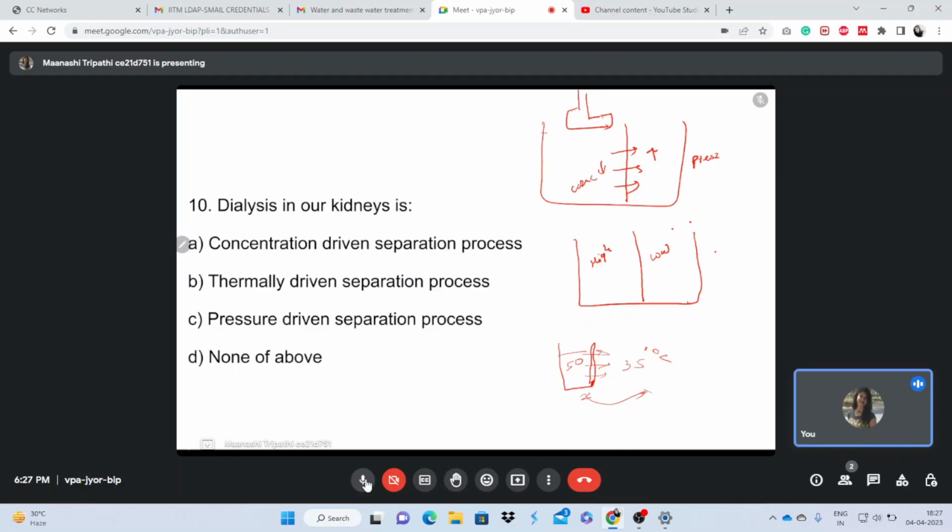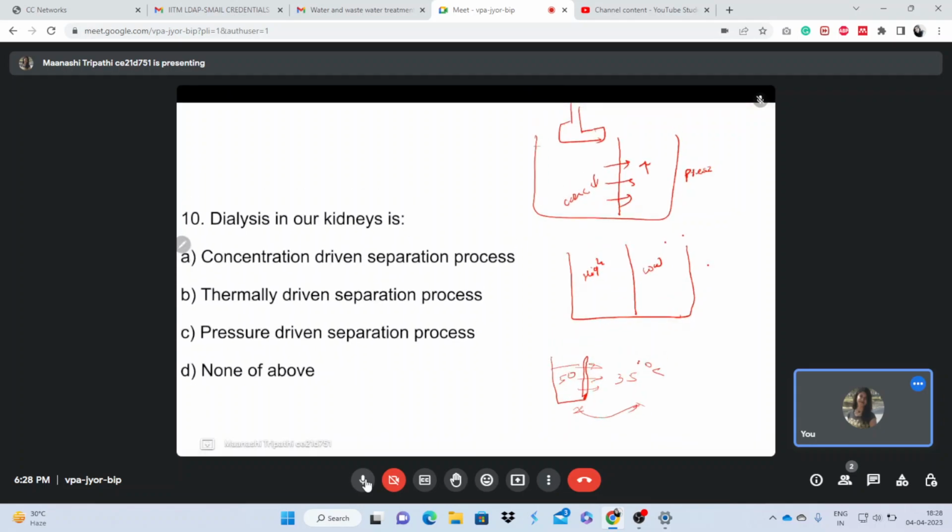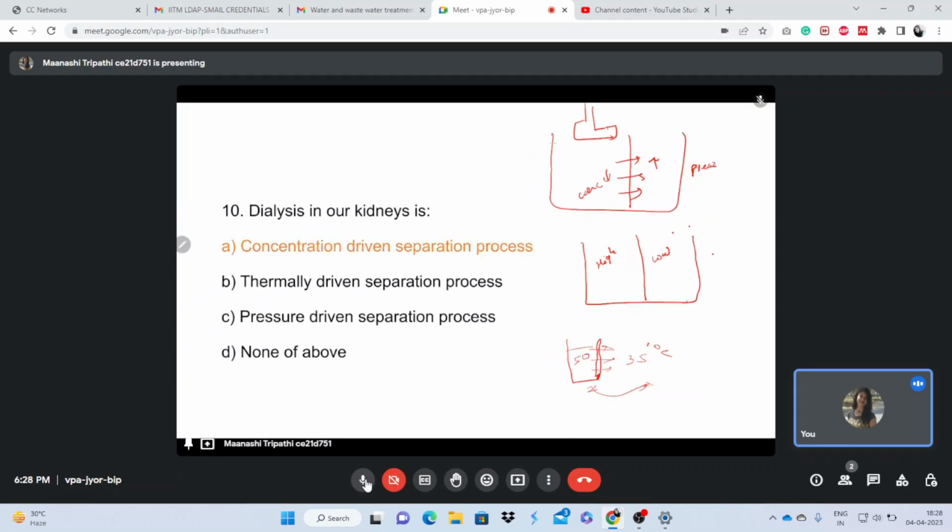So this is a thermally driven process, not exactly a separation process. So dialysis in our kidneys is a concentration driven separation process. It will filter the water that goes inside, retain the water, and the high concentration toxins it will collect at one side and flush out.